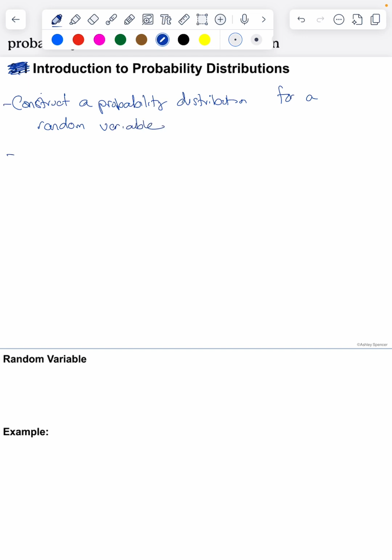And we want to determine if a distribution represents a probability distribution. So those are the two objectives for today.